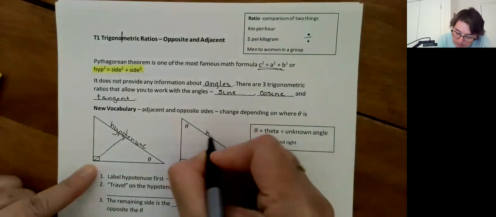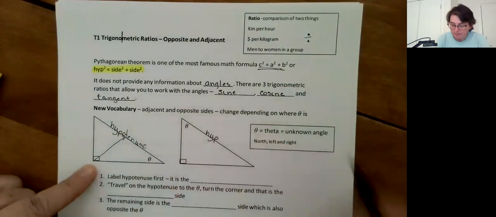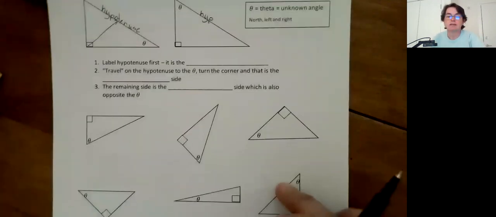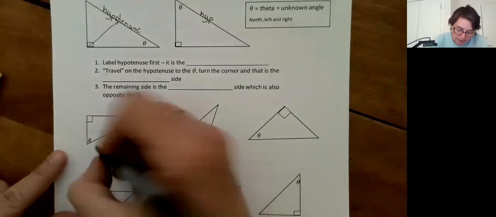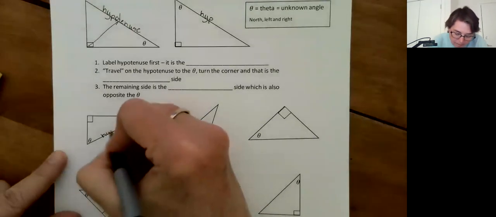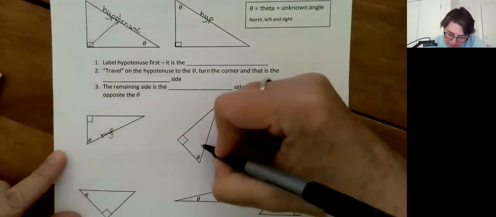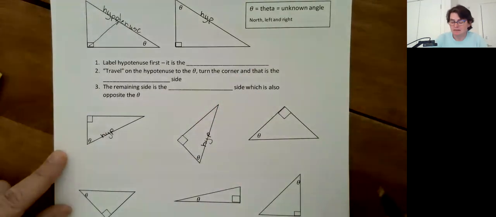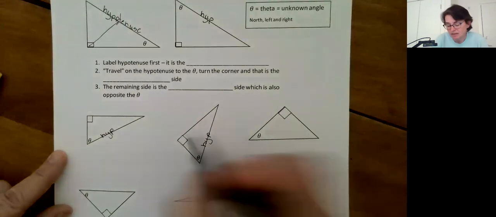So there's my hypotenuse, there's my hypotenuse. I'm just going to be lazy and write height. Cool. And I'm just going to flash down here for a sec. Look at all of these triangles. Here's my hypotenuse. Here's my hypotenuse. And don't say, oh, I'm not sure which is the long side. Well, okay, that one's obviously the long side.